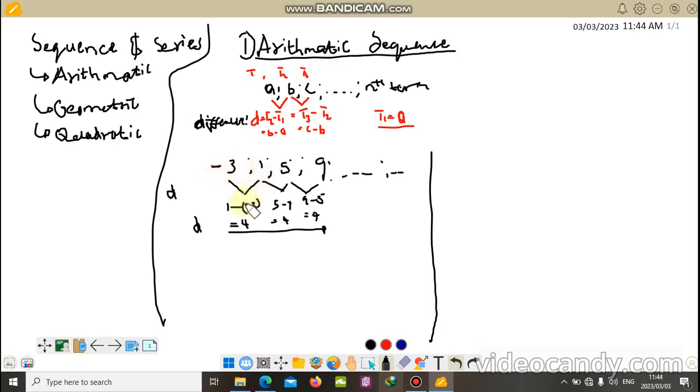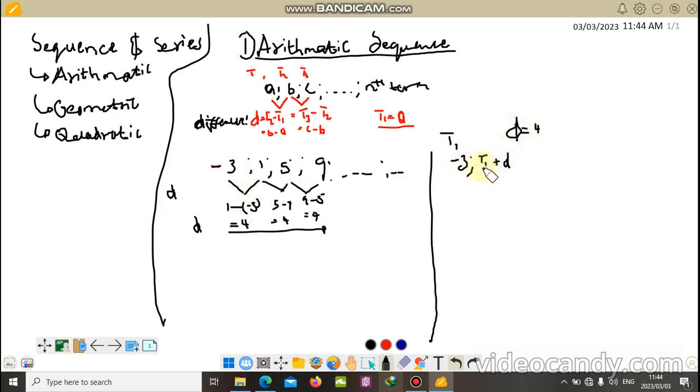Look, if you know term 1 is negative 3, you know the value of term 1, and you know the common difference is 4. So from here, they say find term 2. What you do, term 2 is just going to be term 1 plus the common difference. You get what I'm saying? Because you're moving from here to the next term, and you know they differ by D.